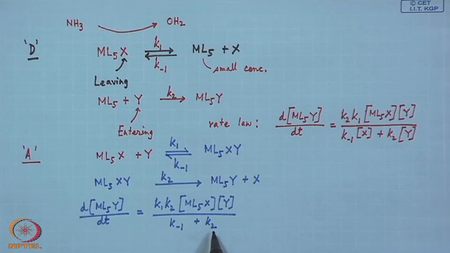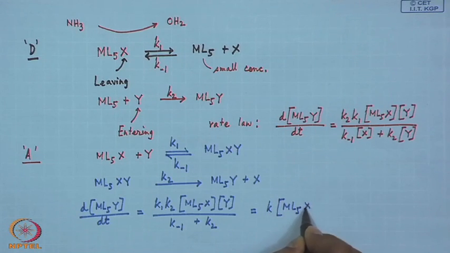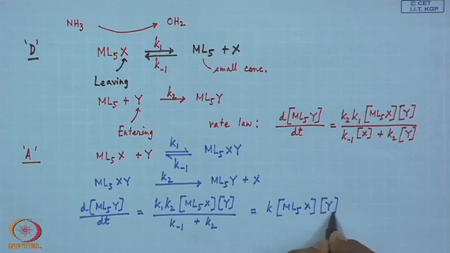When these are very small, the K2 and K2 can cancel out, and for all these products we can have one constant, which is K, times [ML5X][Y]. So, in this particular case also the rate law is dependent on both the concentration of this particular species and the concentration of the incoming ligand, or the entering ligand, which is attaching to that metal center.